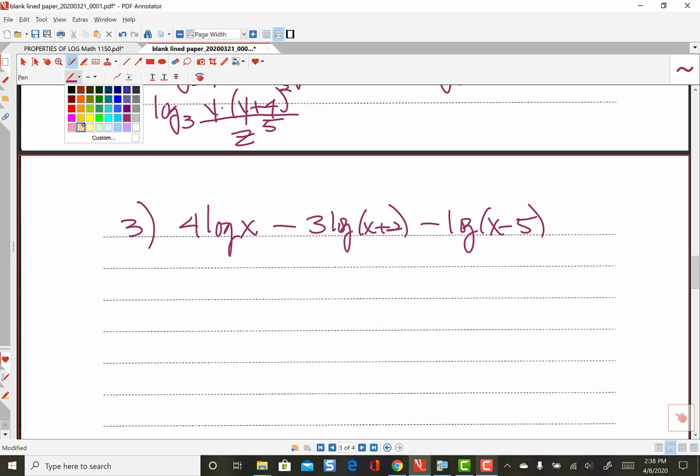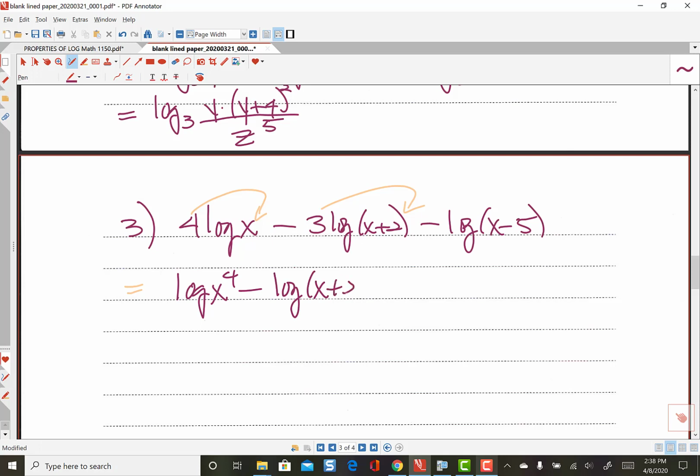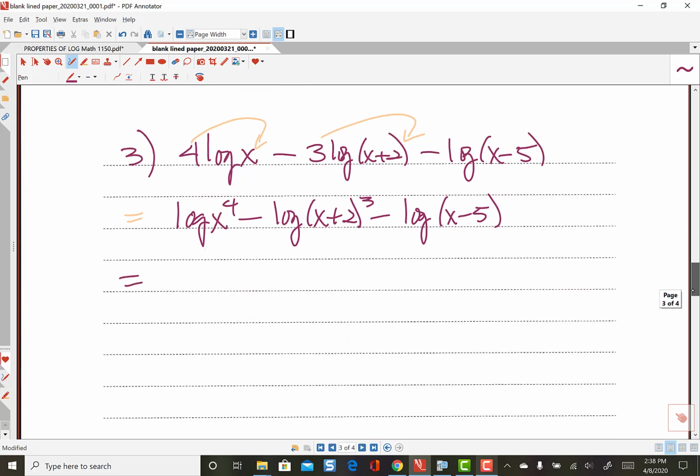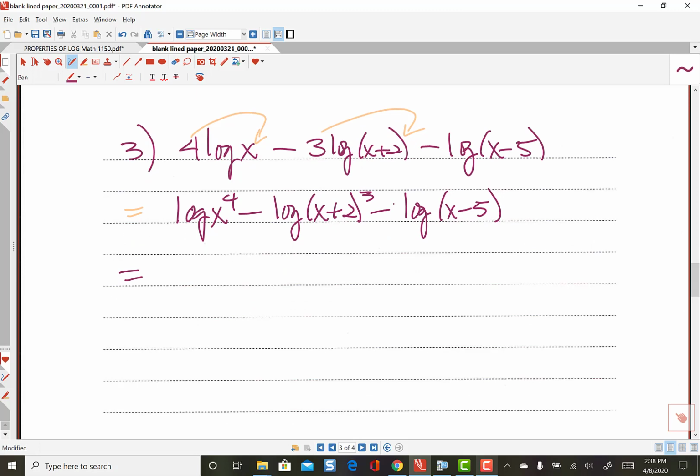So let's first of all reattach those exponents, so that I would have the log of x to the 4th minus the log of x plus 2 cubed and minus the log of x minus 5. When I write this as a single log term, anything that's being subtracted goes into the denominator. So I'm going to have the log of x to the 4th on top. On the bottom, I am going to have x plus 2 to the 3rd power times x minus 5.